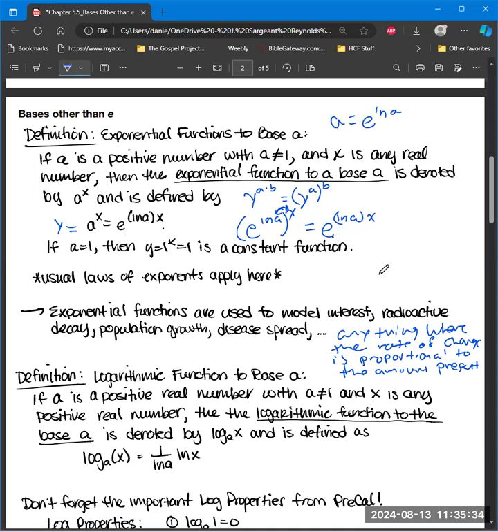As that grows, I earn interest on the interest and so on, and it compounds. That's the idea of that. Radioactive decay. The decay happens proportionally to the amount of radioactive isotope that's present. As I get less of the radioactive isotope, the decay happens slower.